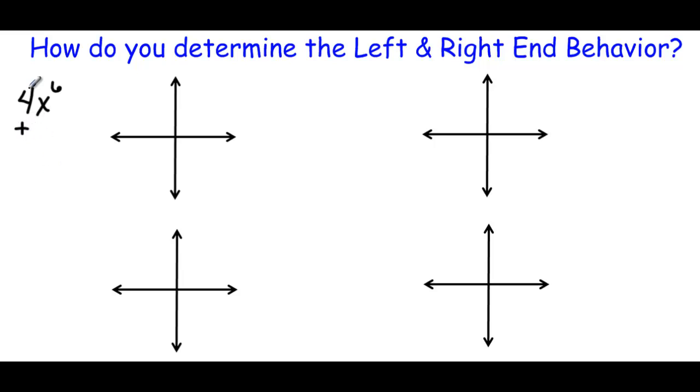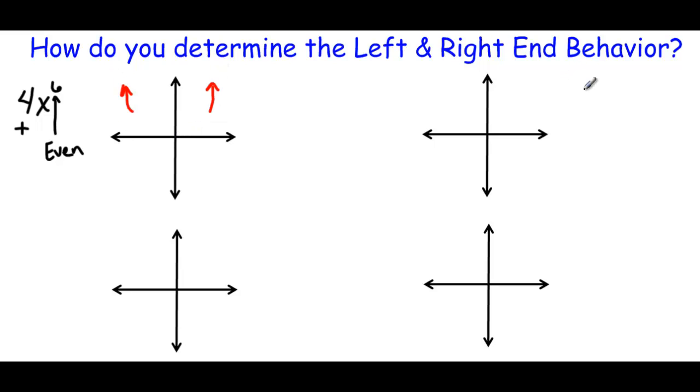I have a positive lead coefficient, and my degree is even. If that happens, the positive tells me that the right side of my graph is going to go up. It's even, so that tells me that the left side is going to do the exact same thing that the right side does. So my graph is going to wiggle and do a whole bunch of stuff in between, but the left side and right side are going to face up.